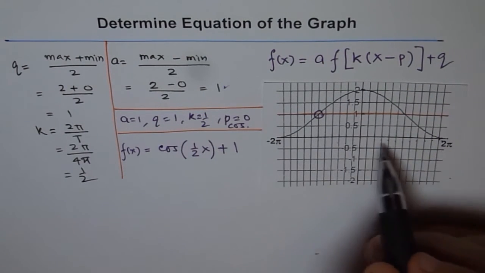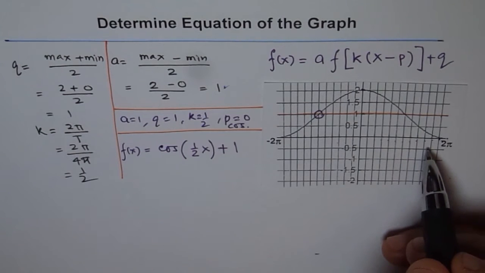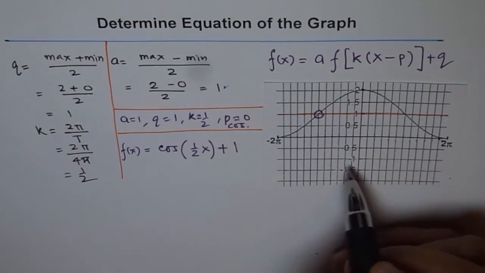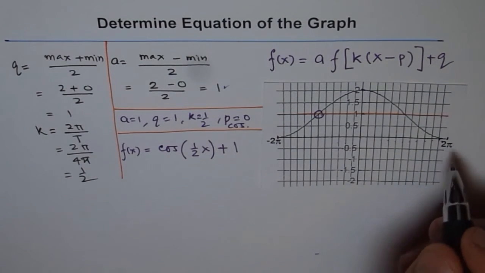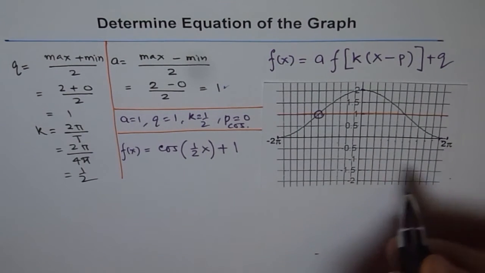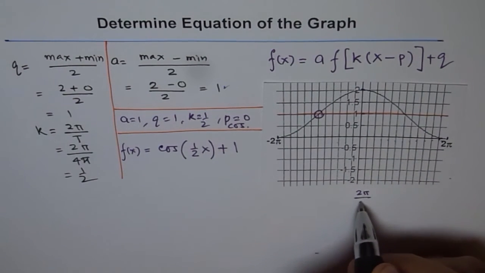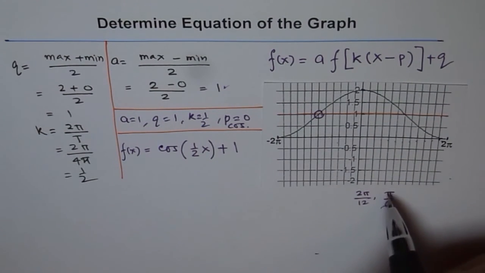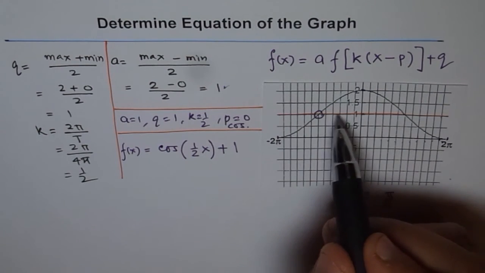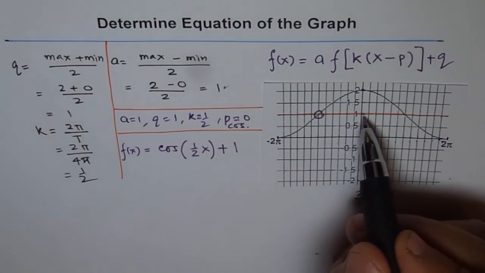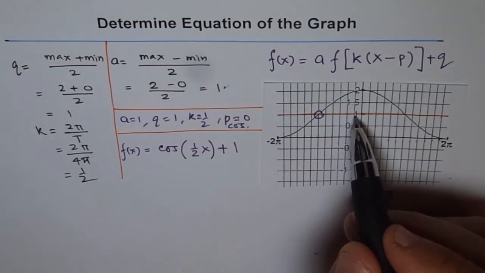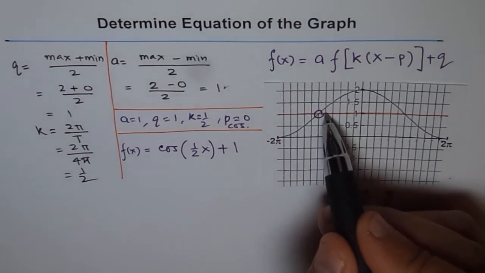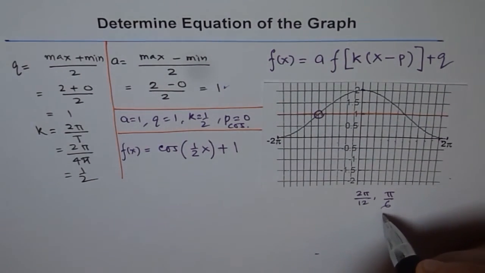I'm not sure. Normally we divide it into even parts, right? So we'll assume 12 for the time being. Each division is 2π by 12, which gives us π by 6, correct? So each division is π/6. Anyway, this is half of 2π, so it is π units to the left. So the sine wave starts π units to the left. Let me check: 1, 2, 3, 4, 5, 6. That is correct, so π/6 is correct.